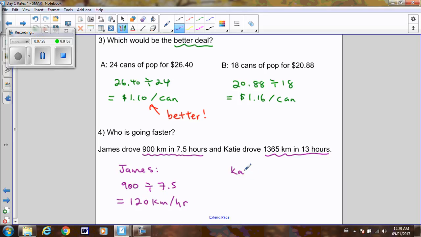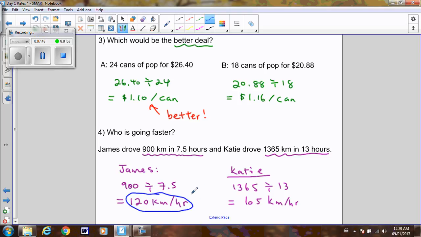For Katie, she drove 1,365 kilometers in 13 hours, so we take 1,365 divided by 13. If you do that, you're going to get 105 kilometers per hour. Who is faster? Obviously, the bigger number is 120, so James is driving faster.